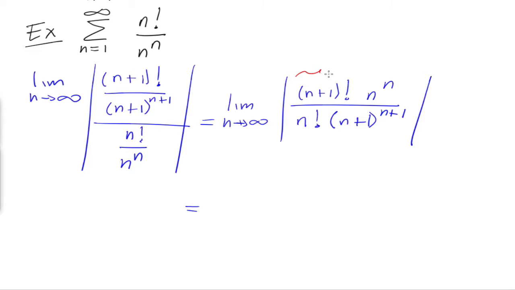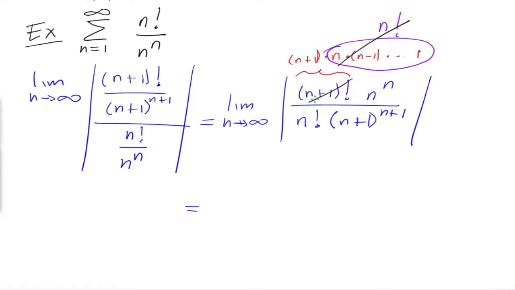Well, no, so this one right here, the first one is n plus 1, and then the next one is n, and then n minus 1, and then all the way up to 1, right? But what do you notice about this right here? That's n factorial. So then what can I do with that n factorial in this one? Cancel them out. So what's left over out of the factorials?